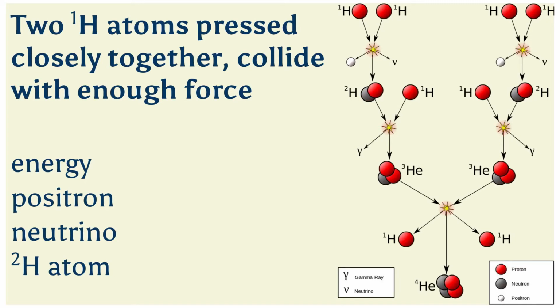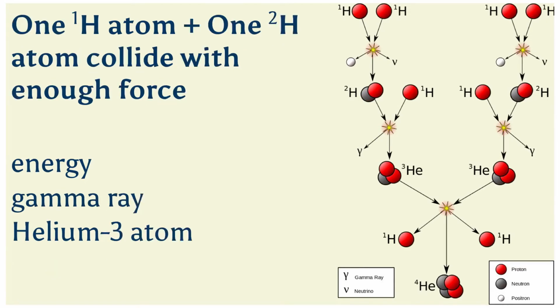So that's a hydrogen atom. When we have one H1, the simplest hydrogen atom, collide with enough force with one H2, again you have energy. You also have gamma rays released, and you have an H3. So we've actually created a helium atom now because we have two protons and one neutron, both of these particles combined into one. So we now have an He3.